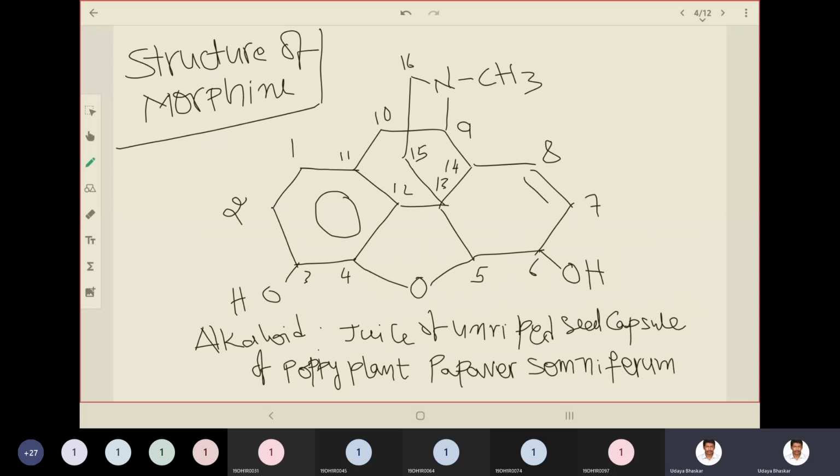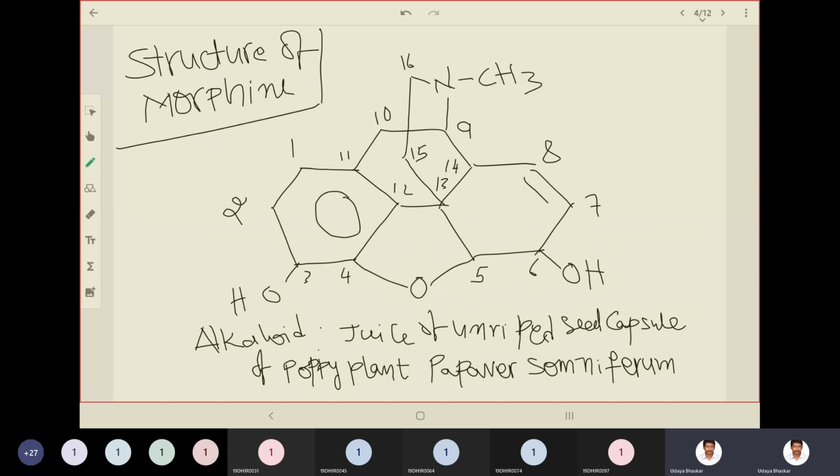And this is the structure of morphine, which is a pentacyclic ring system with one phenyl ring, one hexenyl ring, and an ether bridge between those two. And you have one more cyclohexene above. Three rings are fused, and the fifth ring is connecting carbon 13 and carbon 9. And you have one heteroatom in that ring, that is nitrogen, which is tertiary nitrogen.